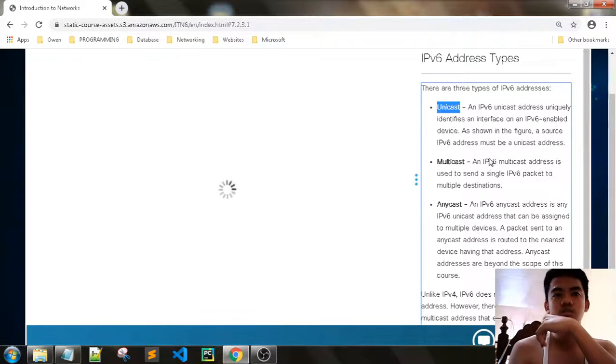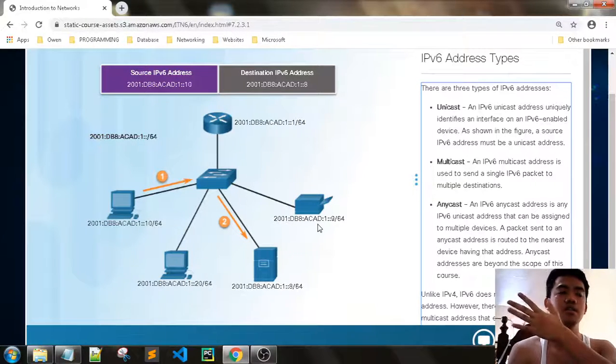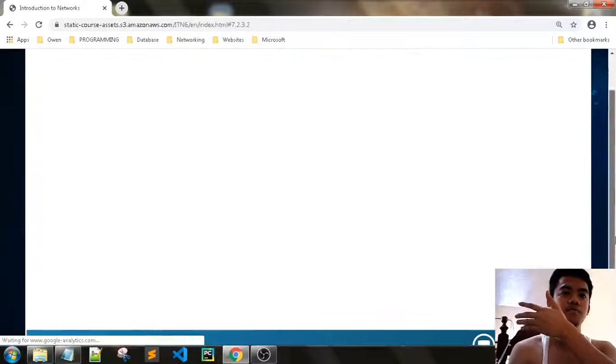Multicast is used to send a single v6 packet to multiple destinations. And anycast is an address that can be assigned to multiple devices, meaning multiple devices can have the same IPv6 address.